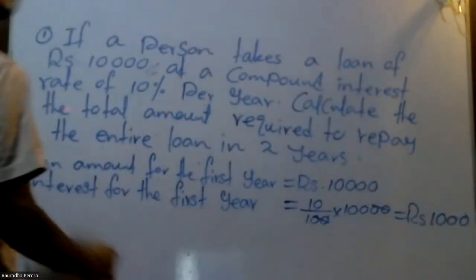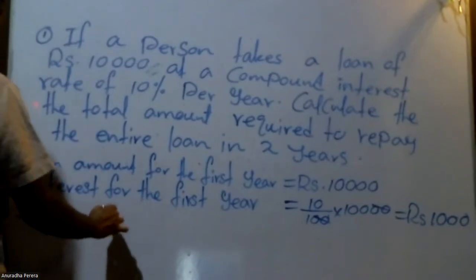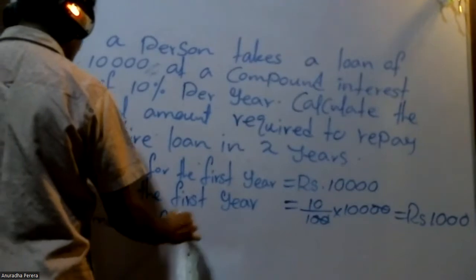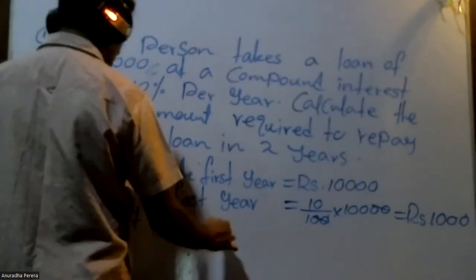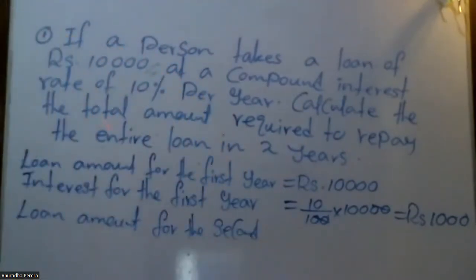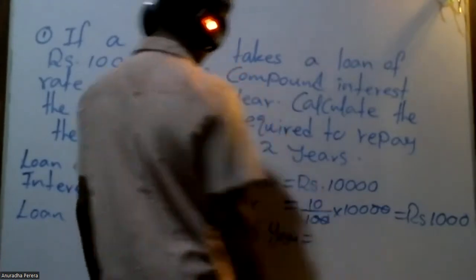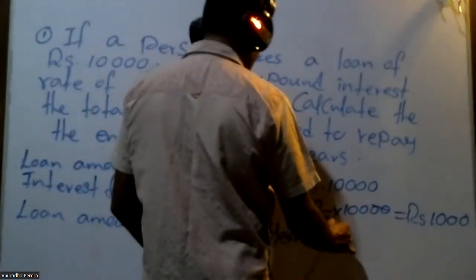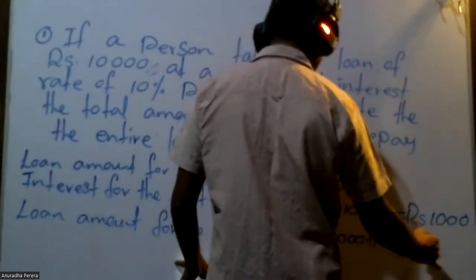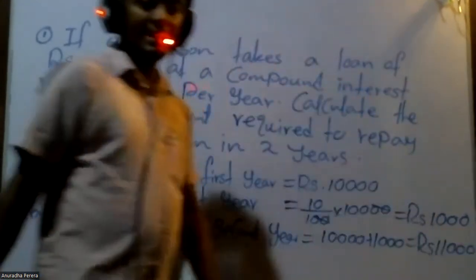Then the loan amount for the second year: add this 10,000 and 1,000. It is 11,000.